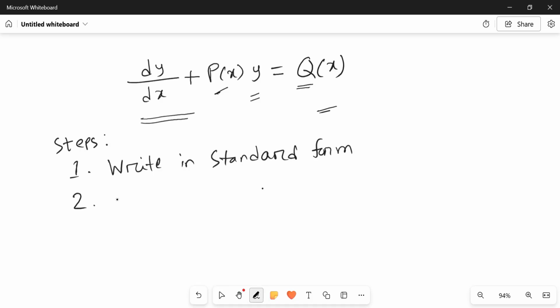The second step is we have to find the integrating factor.